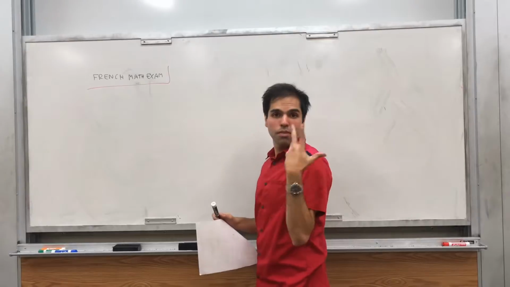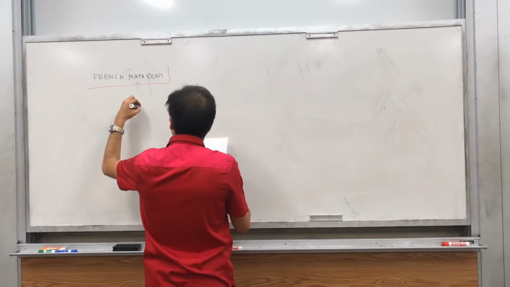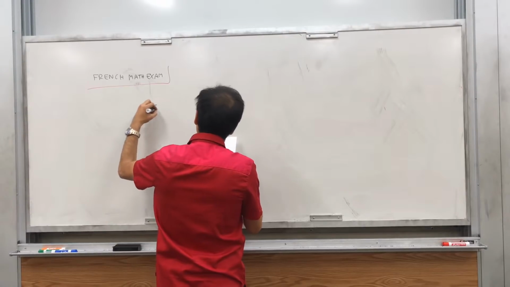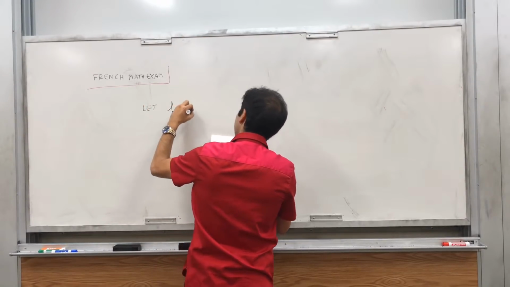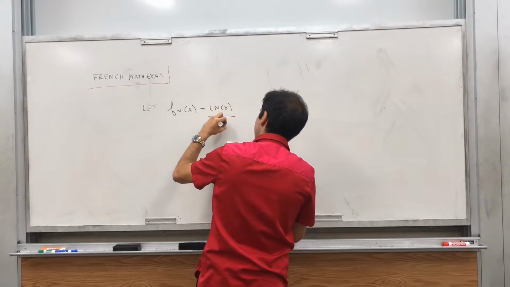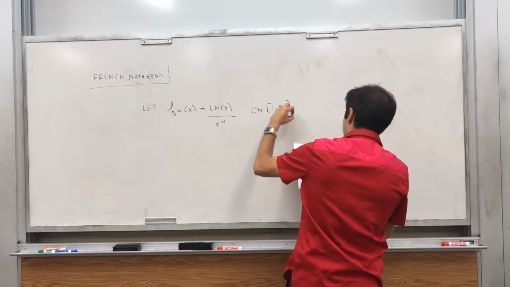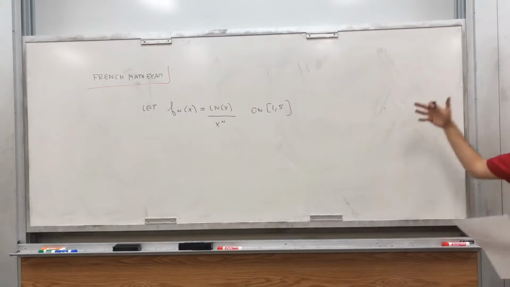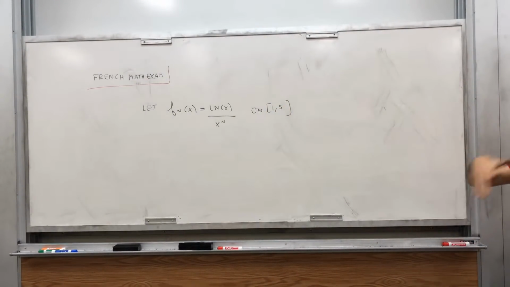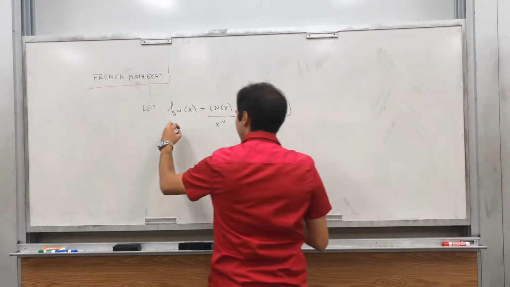This one is based on calculus. Consider the following family of functions. Let fn of x be ln of x over x to the n, on the interval 1, 5. Those functions are a family of functions, and in the exam it gives you what their graphs look like.